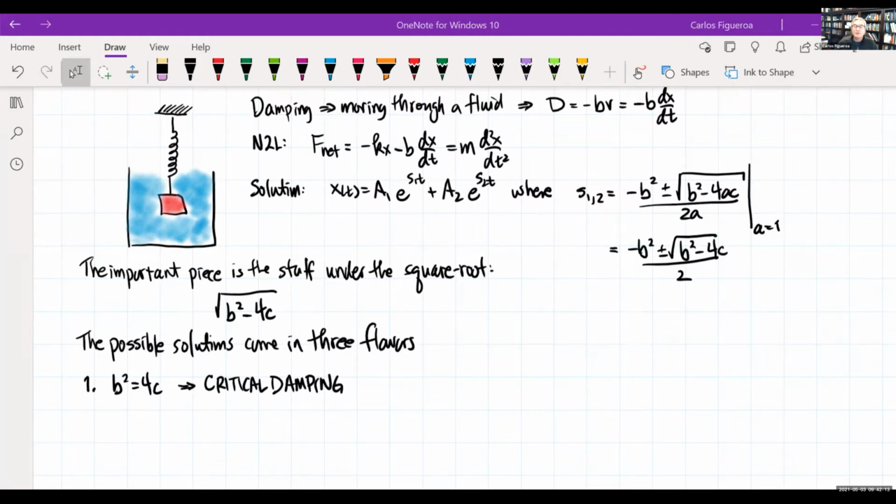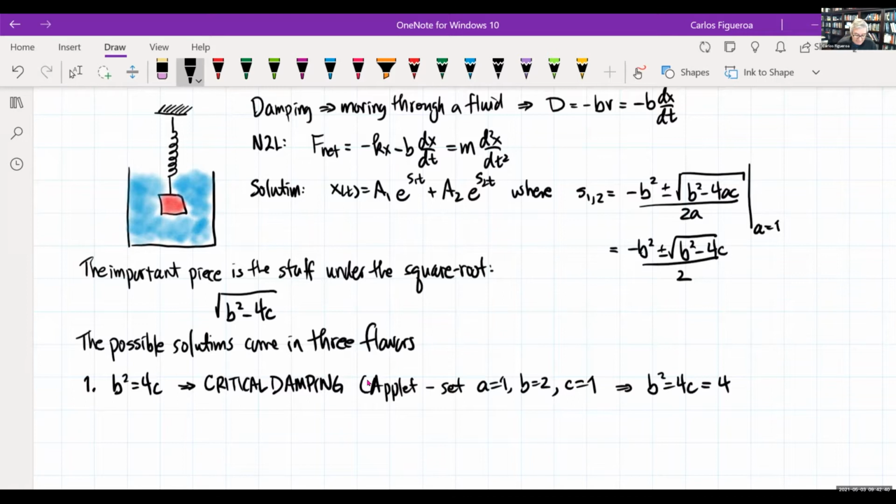What I'm going to do in the applet, I always start with a equal to 1. And then I'm going to set b equal to 2 and c equal to 1. And you could see here that b squared, which is 4c, of course, is going to be 4.